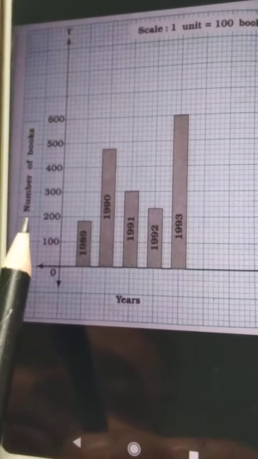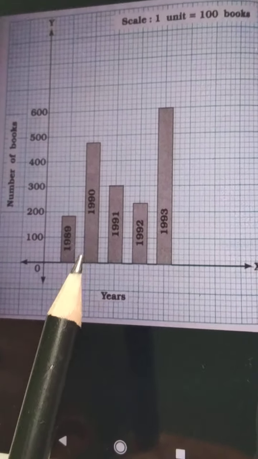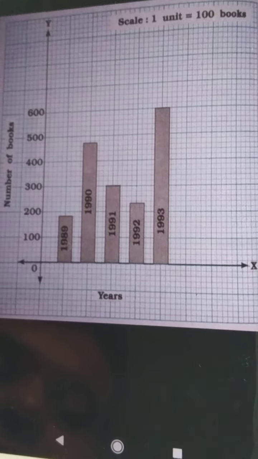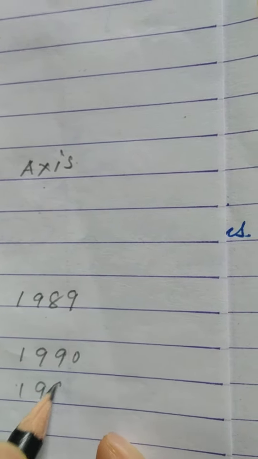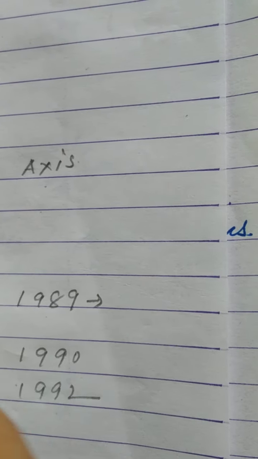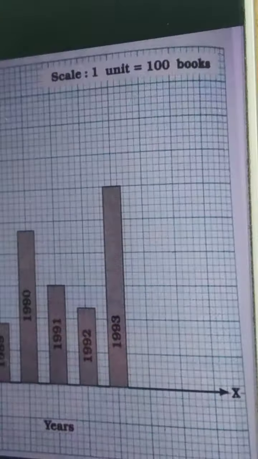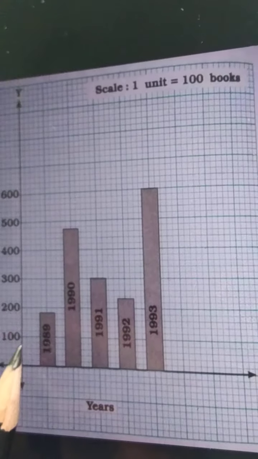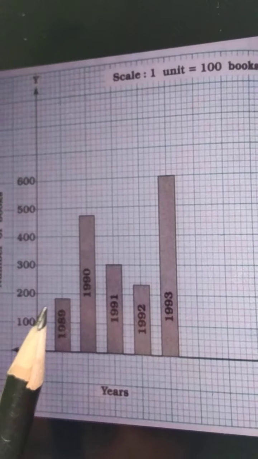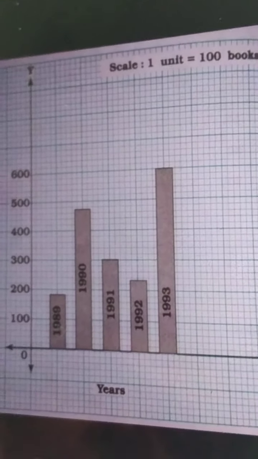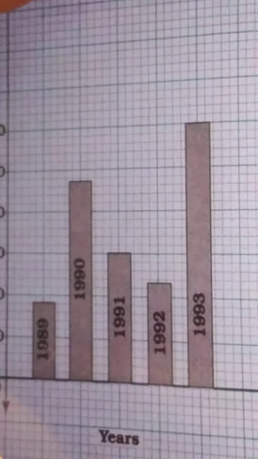And on y-axis number of books. Here 1 unit is equal to 100 books.